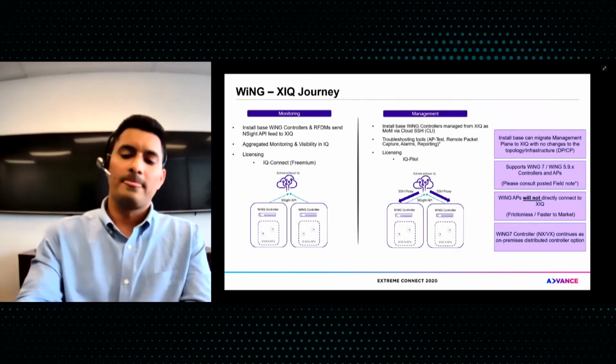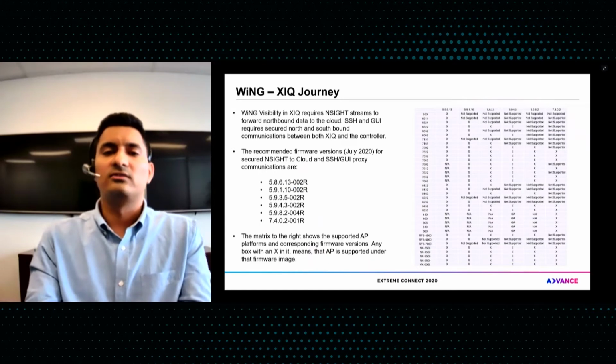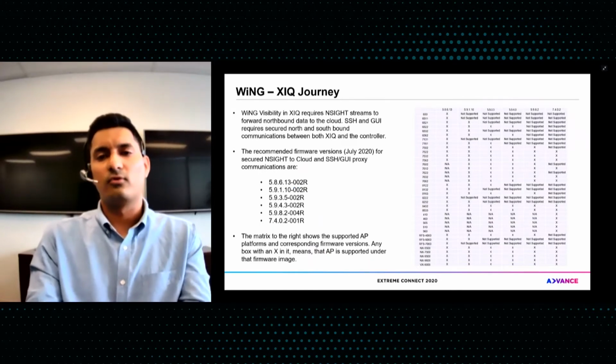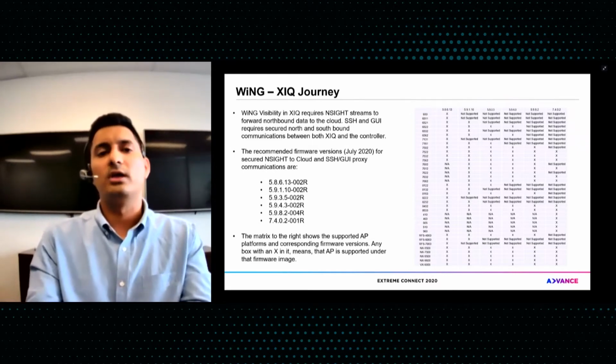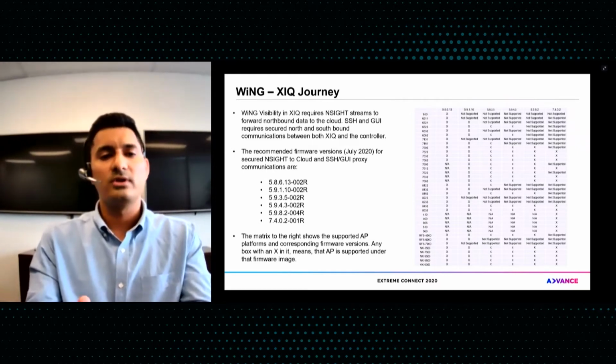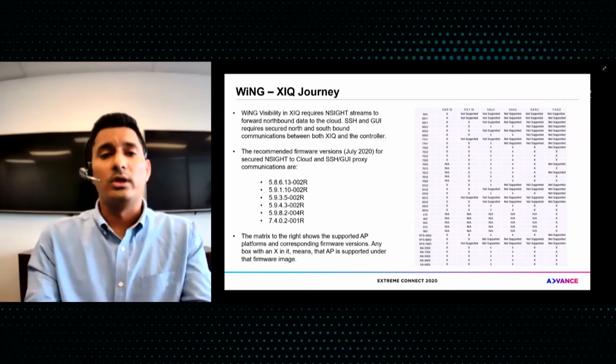All right, so let's move on and see what are some of the prerequisites on the Wing side. Before you plan on adding your on-prem controller and have visibility into the XIQ, make sure that you are on one of these listed firmware versions. Ideally, you should be on the latest Wing release, which is currently 7.4.1.2, I guess.